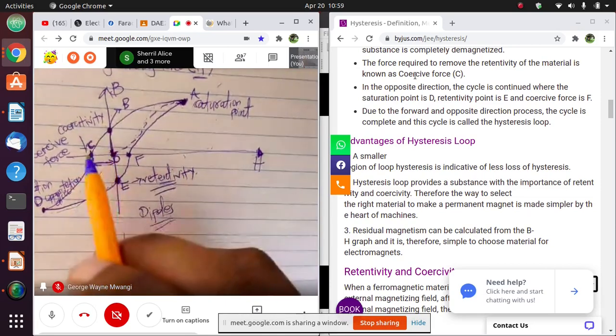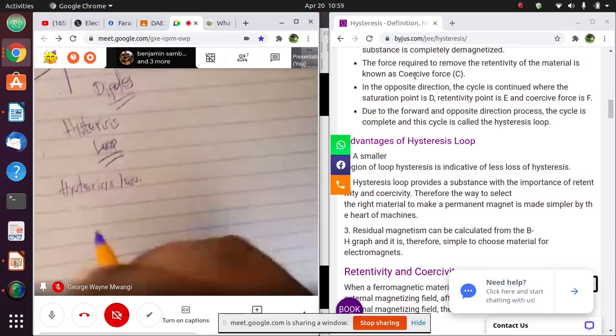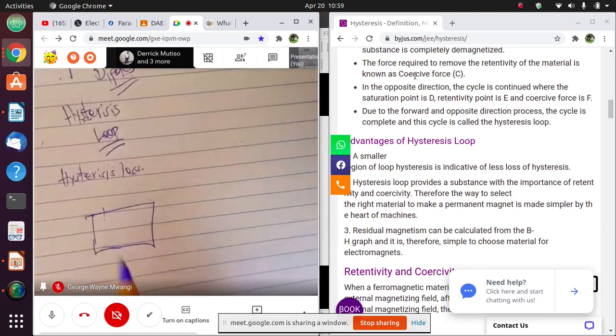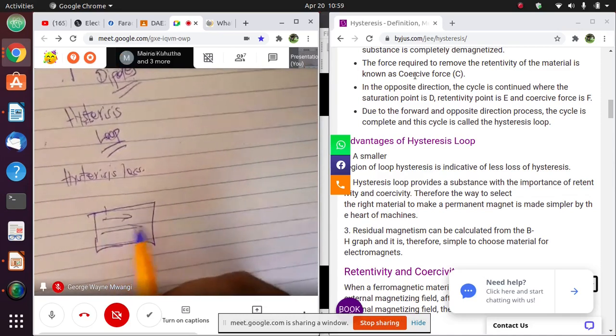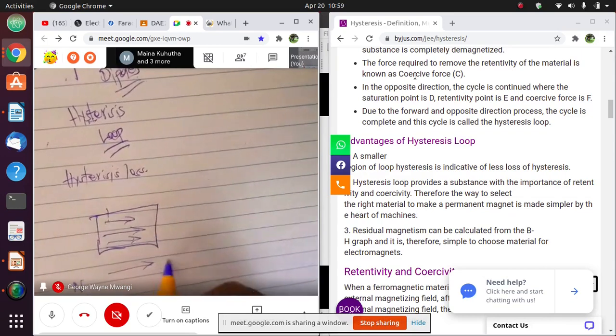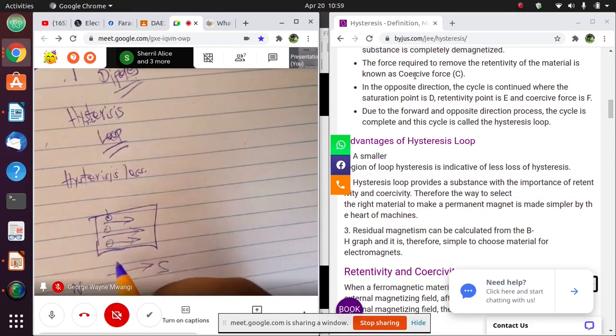Now, let's say this is my material. I've exposed it to a magnetic field, and the magnetic field is going in this direction, from north to south. So you'll find that the dipoles in my molecule will be aligned in that direction.